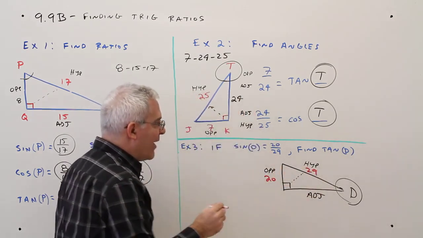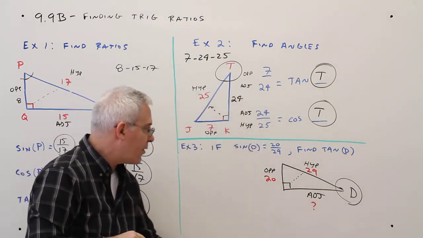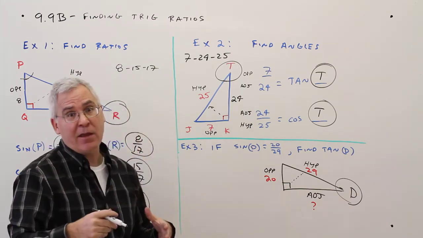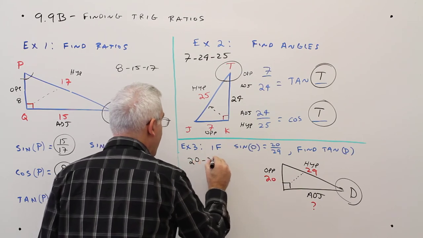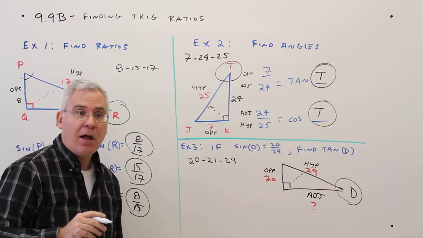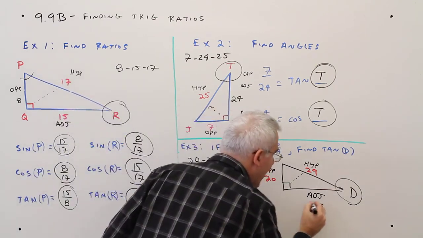If I want to find a tangent, I will need to figure out that side there. There's a couple ways of doing it. One way is knowing a Pythagorean triple, which is called the 20, 21, 29 right triangle, or just use the Pythagorean theorem. Let me call this x for now.